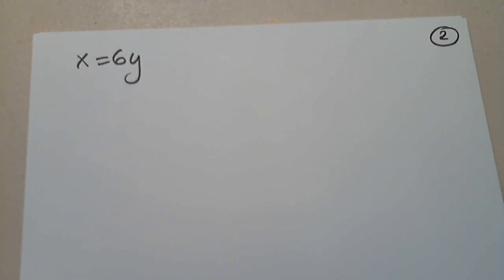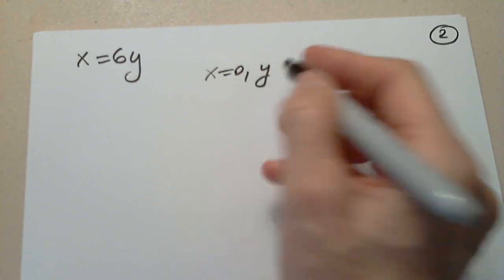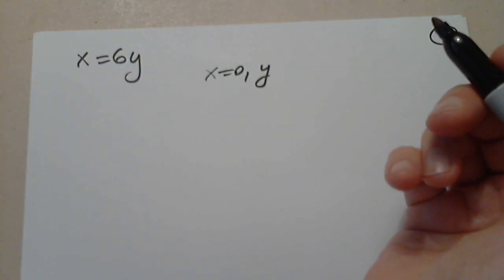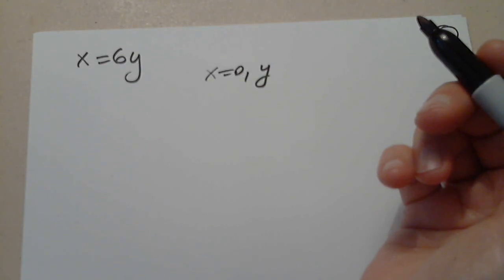The lines that are missing the free term will always pass through the origin. Exactly. And it makes sense. Look, when x is 0, how much is y? Zero.